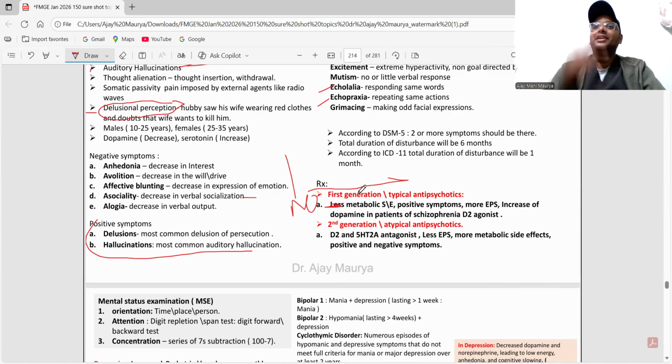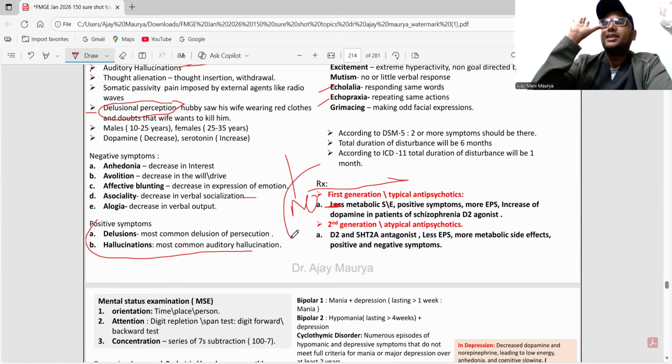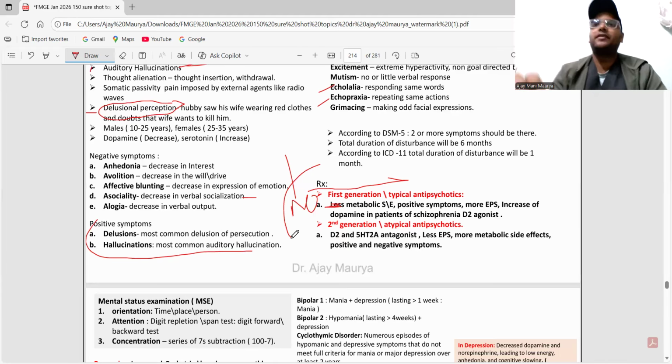I only correct myself. Remember always, the first generation, the typical antipsychotics, have more side effects, because they only bind to D2 receptors. Now I will tell the important drugs to remember.